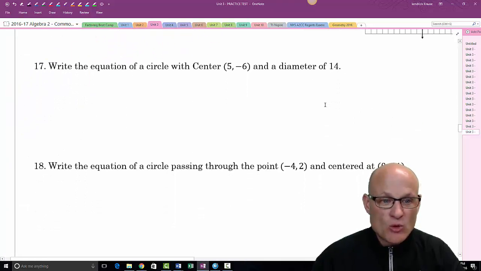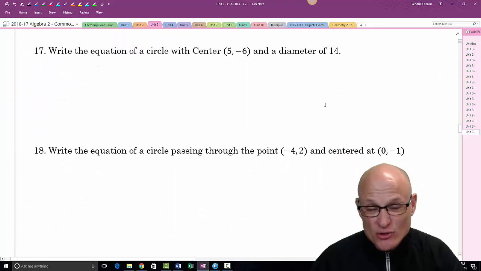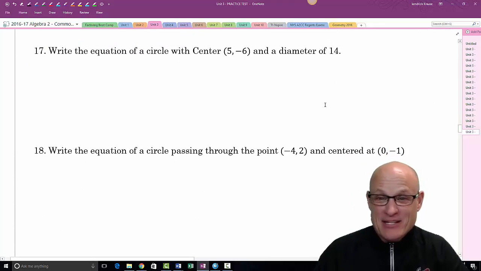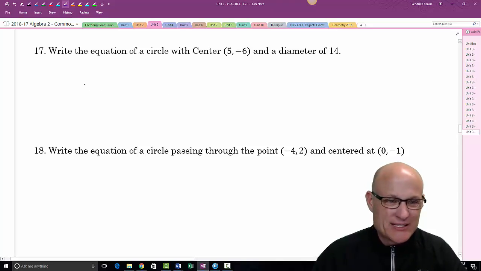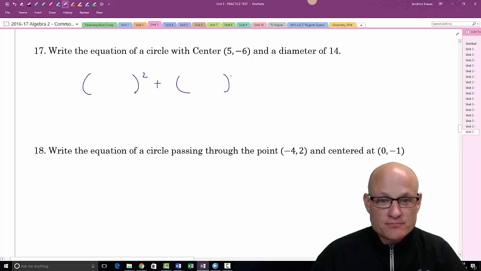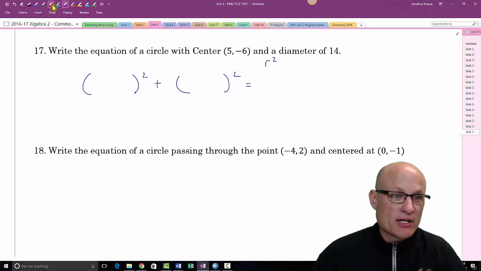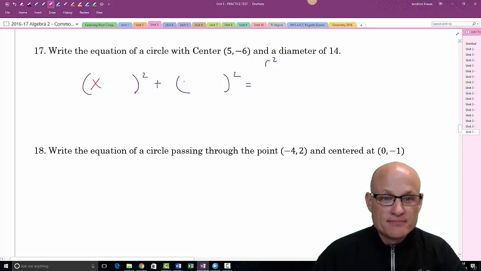All right. Write the equation of a circle centered at 5. Now this one, you got to love this question, except I threw a little trick into it. The circle formula is this. And then on this side goes radius squared. So I'm going to come down here and I'm going to say x and y.